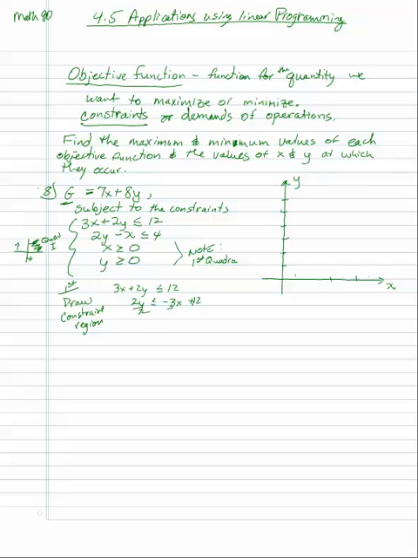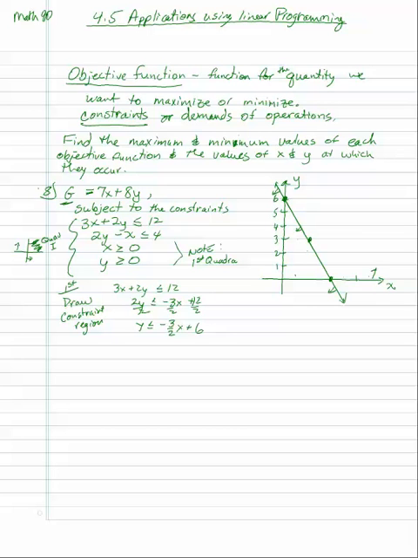Divide by 2. So we start at 6 on the y-axis, down 3, to the right 2. Down 3, to the right 2. I'm going to make that a solid line, and we're going to be less than, so that's going down.